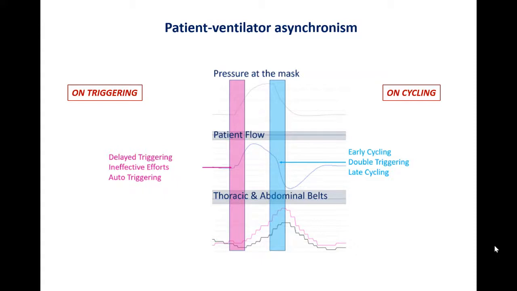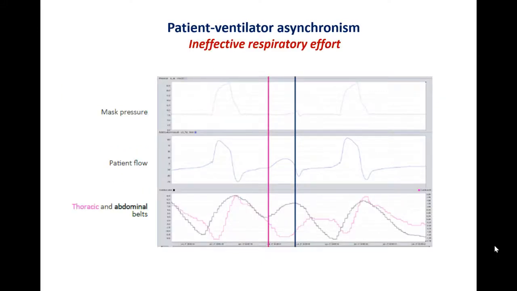Regarding patient ventilator asynchrony related to triggering, we know delayed triggering, ineffective efforts, and auto-triggering. And regarding patient ventilator asynchrony related to cycling, we know early cycling, double triggering, and late cycling. So I'm going to give you a few examples.